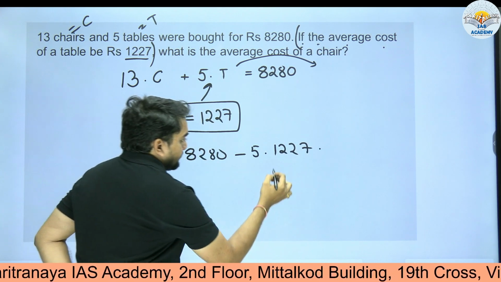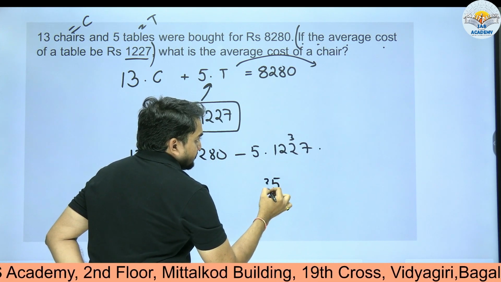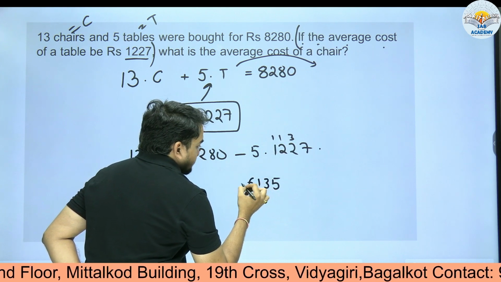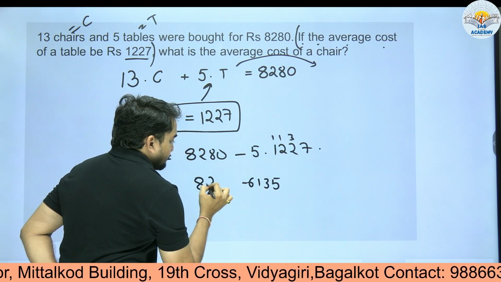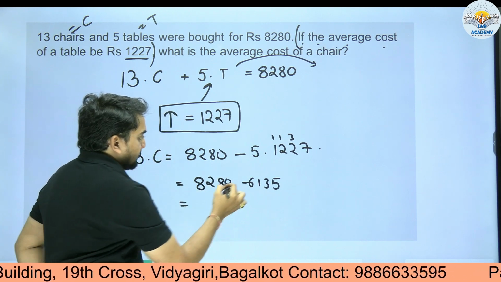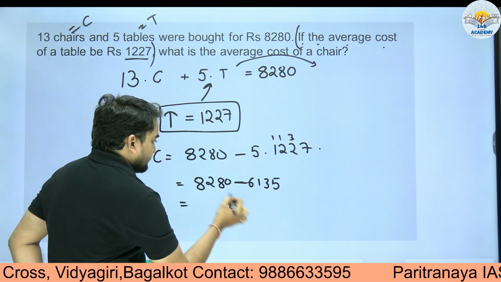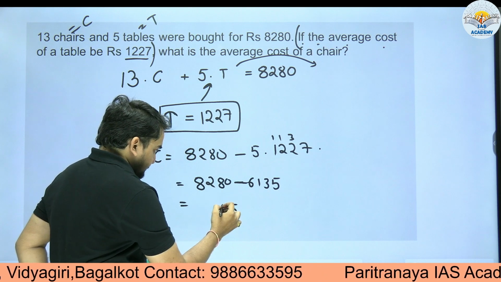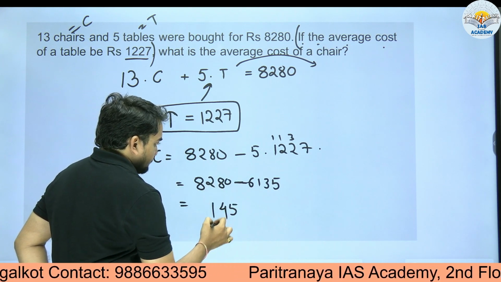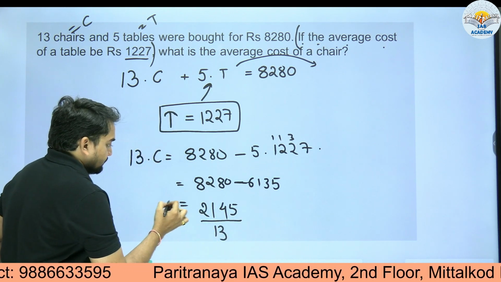Let's find the value here: 5 times 1227 is 6135. Now 8280 minus 6135 gives 2145, divided by 13 is the value of C.